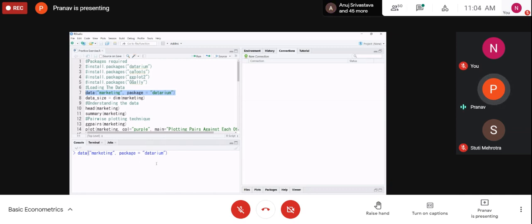So before this, you call library Datarium, and after that you run this command. Please do this. Done, guys?